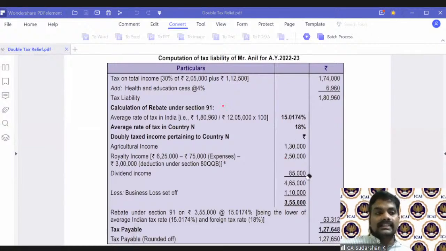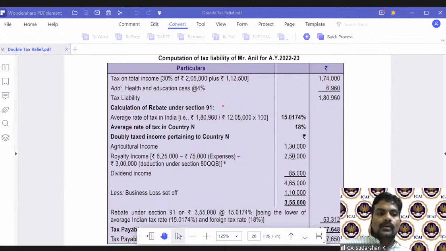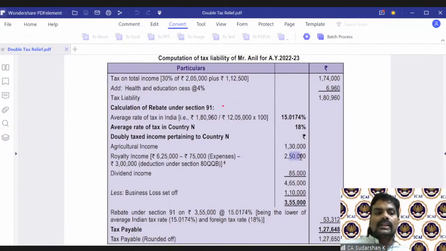Now, what is the doubly taxed income? Agriculture income of 1,30,000 is doubly taxed. Royalty income, after setting it off with your deduction under 80QQB, works out to 2,50,000. So effectively speaking, royalty income gets taxed only for 2,50,000, because we are talking about doubly taxed income.